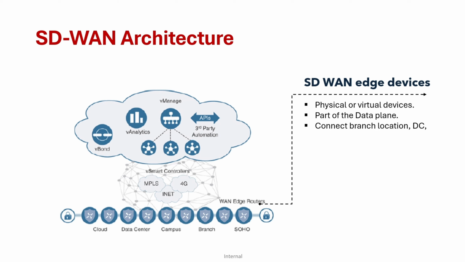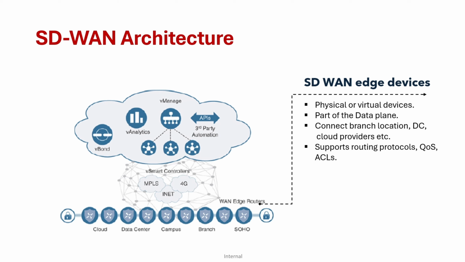These devices support standard routing protocols like OSPF, EIGRP, BGP, along with advanced SD-WAN features like QoS, ACLs, and routing policies. They automatically establish a secure DTLS tunnel with, as I said, the Vsmart controllers.